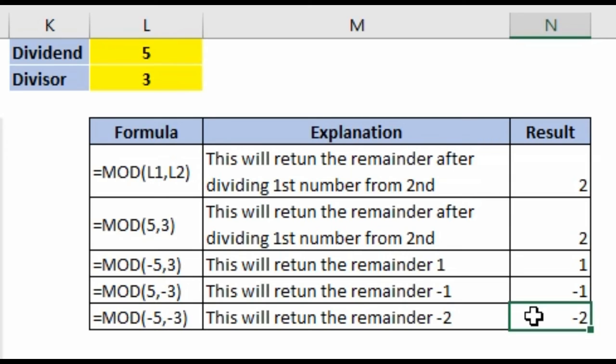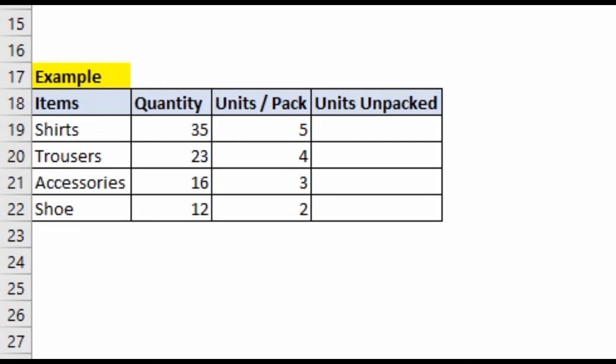Let us now quickly look into a real-time example where we can put this function into use. In this example, we have a list of items and the quantity against each of them, and we are trying to group them in certain units and pack them in a container.